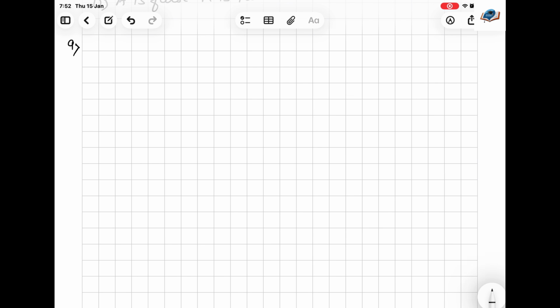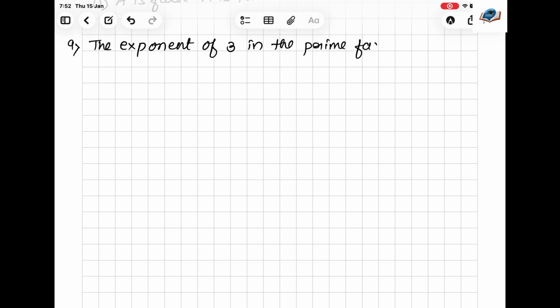Ninth question says that the exponent of 3 in the prime factorization of 2025 is: A option is 1, B is 2, C is 3, and D is 4.